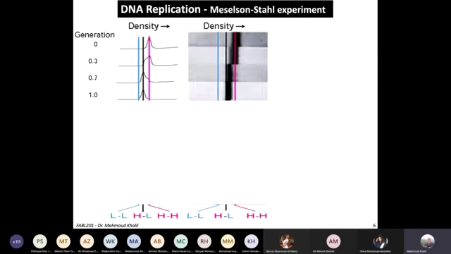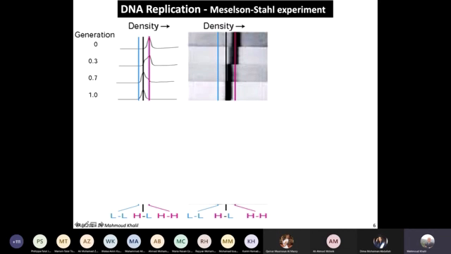So in the experiment, what they did, actually this is a density gradient. To understand clearly, the black band here represents the DNA migrating on the column or on the gel. You can see it's heavier toward the right side, while if it's on the blue line, that means it's lighter.